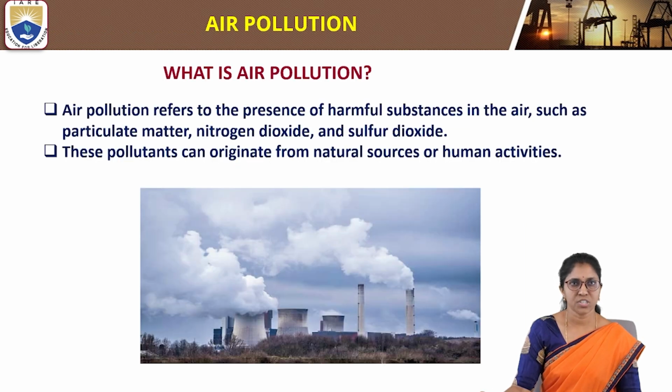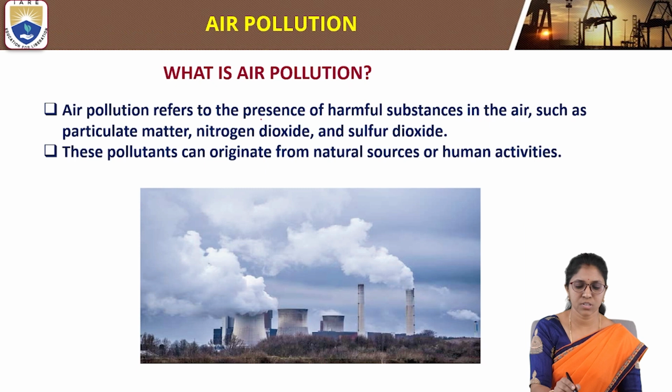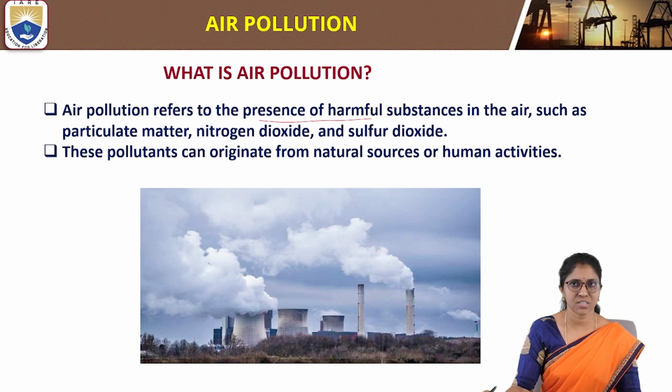So what is air pollution? Air pollution refers to the presence of harmful substances in the air, such as particulate matter, nitrogen dioxide, sulfur dioxide, carbon dioxide, carbon monoxide, and many other harmful gases.